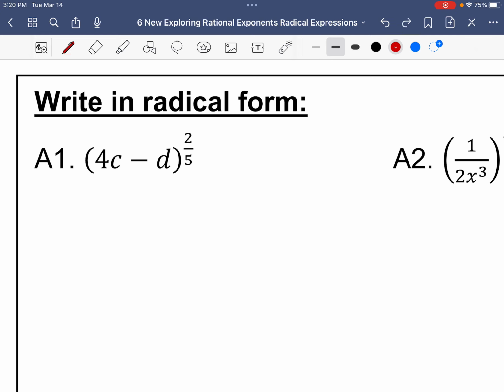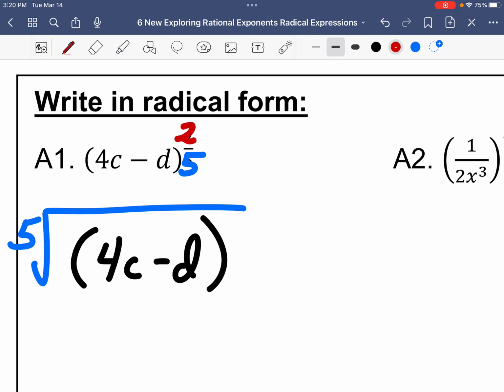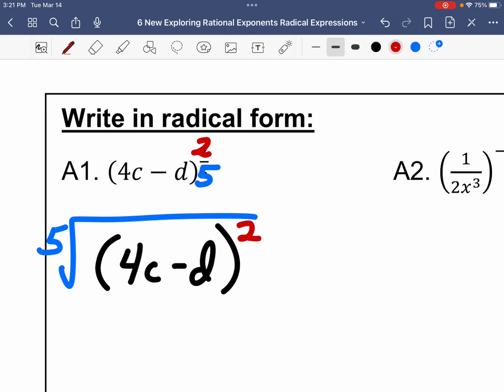What really matters is that you understand that the 5, as it was on the front, it is on the back, it's the root. The 2, it's the power. And so if I was going to rewrite this problem in radical form, it would have to be such that I have this entire quantity squared. Unless I wanted to write it like this, which is kind of nice too. Both of them are the same.